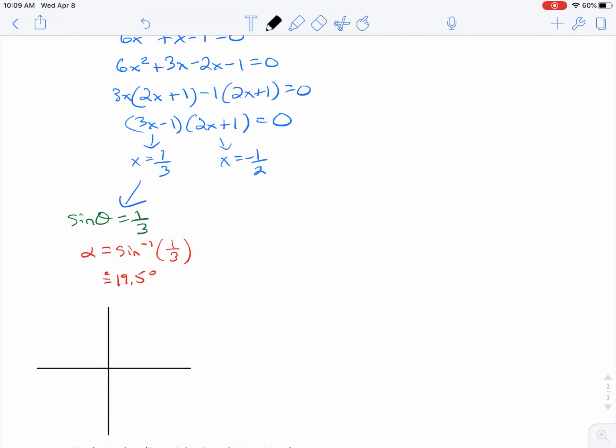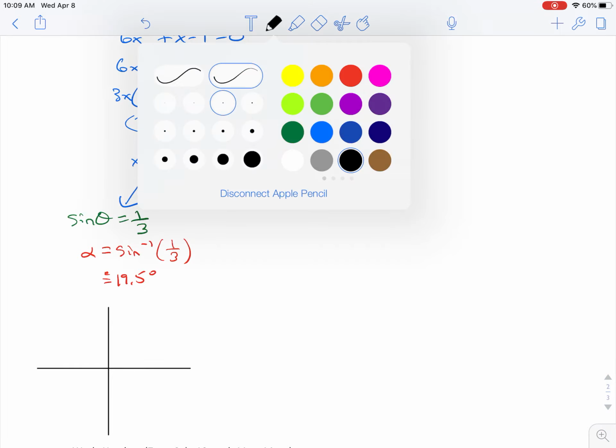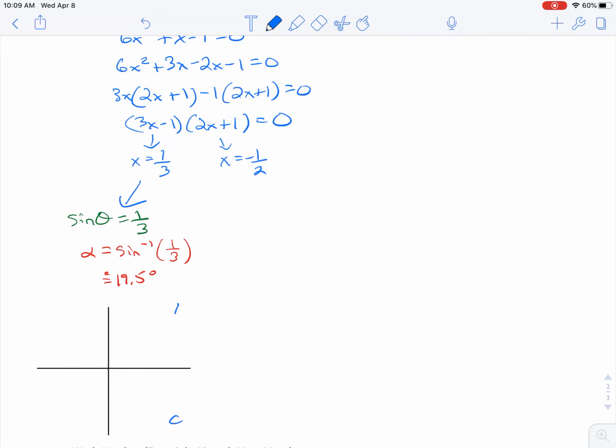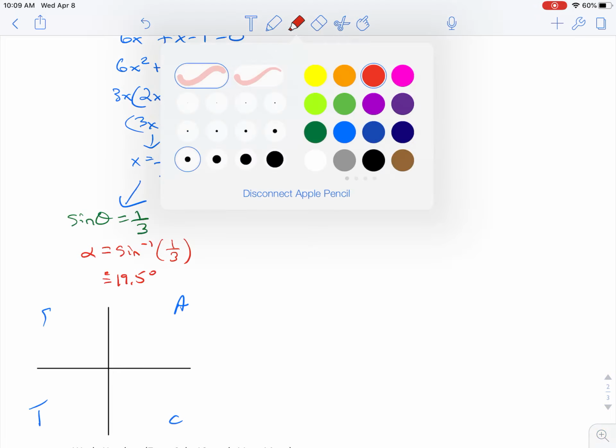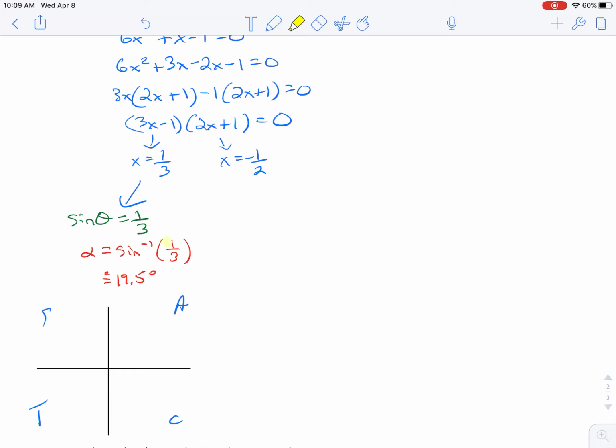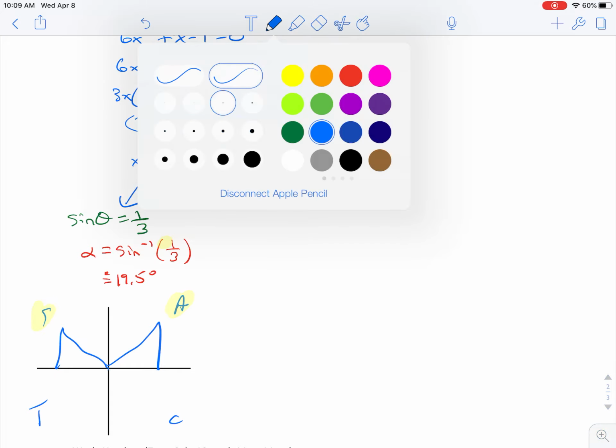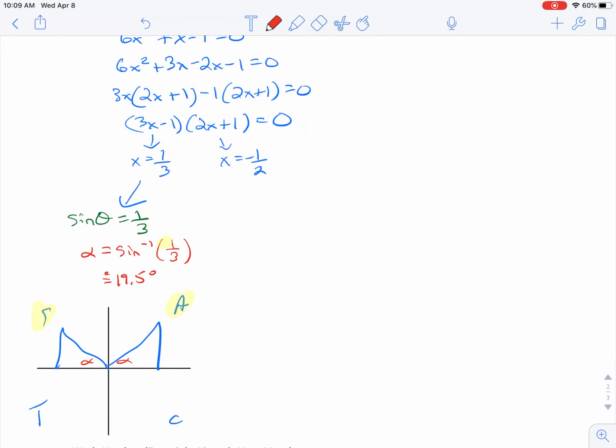And this is similar to what we had before. I've got sine is positive, so I know it's going to be in the top quadrants. So I know I'm going to be up here, but I'll just do this so you have it. You don't always have to write this in. So knowing this is positive, I'm up here and here. I'll go quickly.